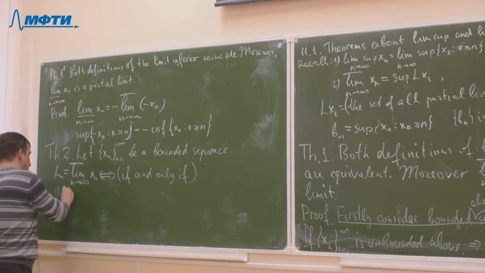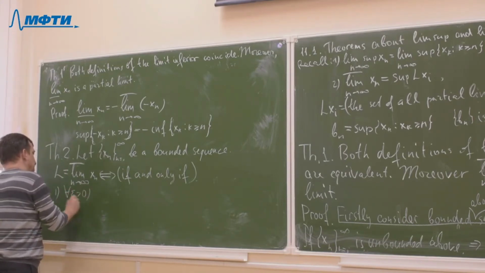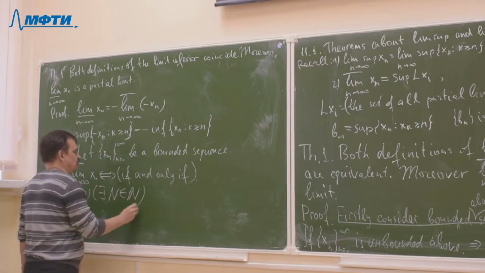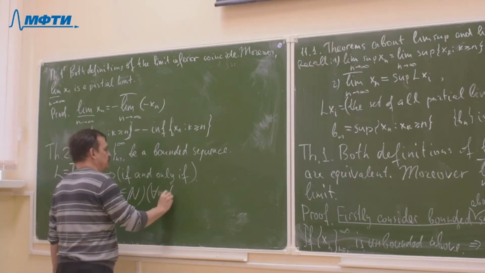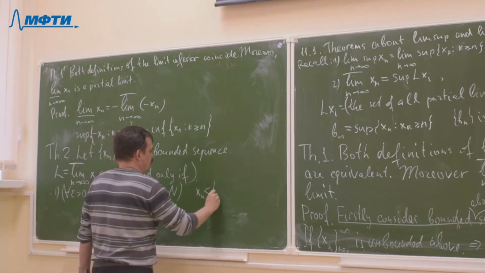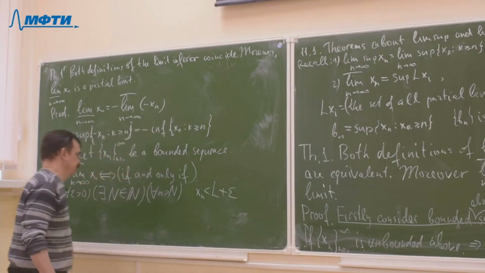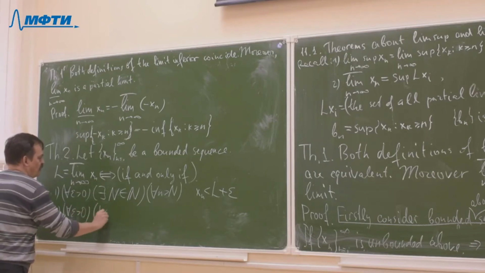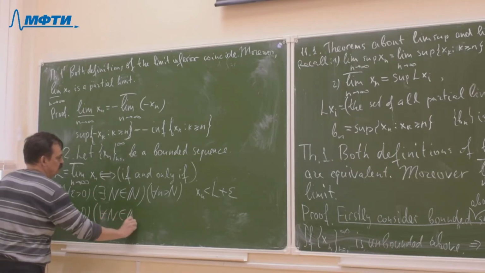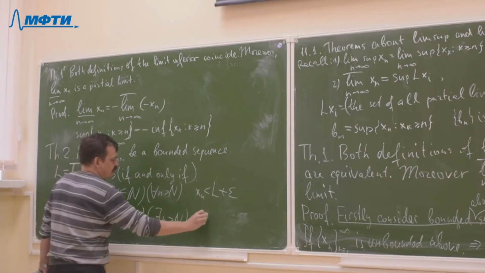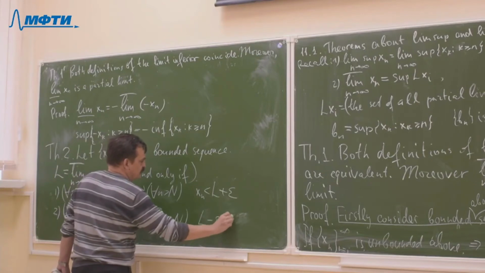First, for arbitrary epsilon greater than 0, there exists natural N such that for all n greater than N, x_n is smaller than L plus epsilon. And second, for arbitrary epsilon greater than 0, for arbitrary natural N, there exists n greater than N such that L minus epsilon is less than x_n.